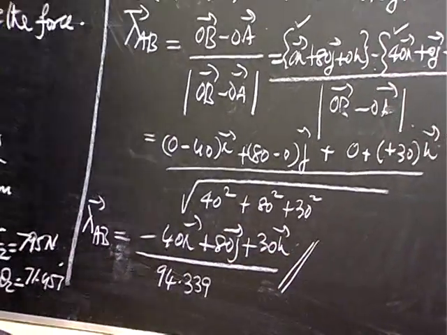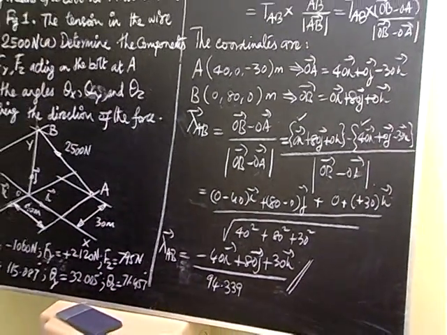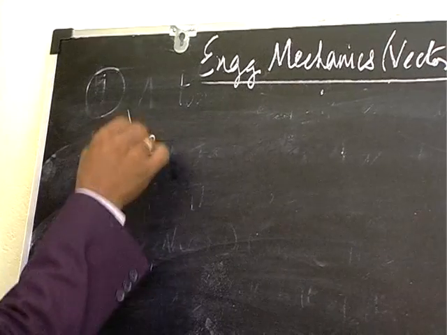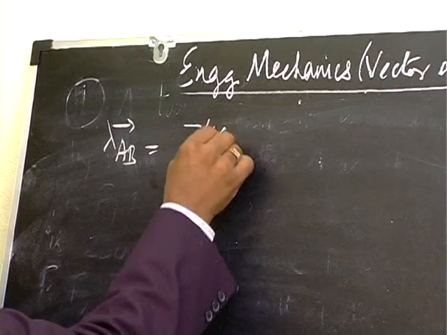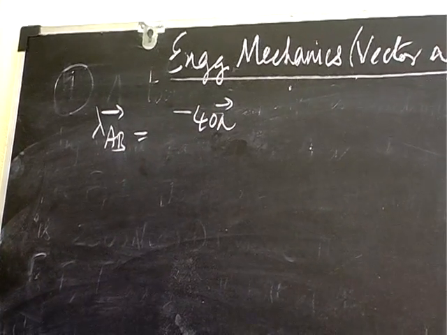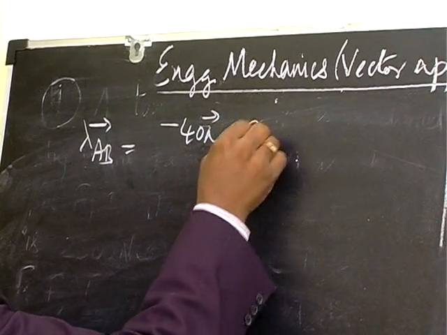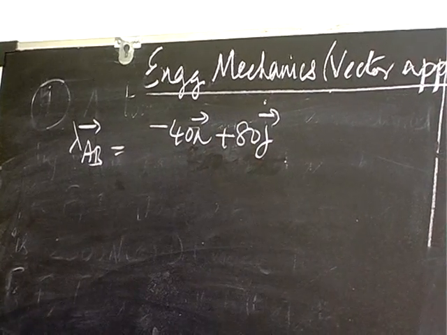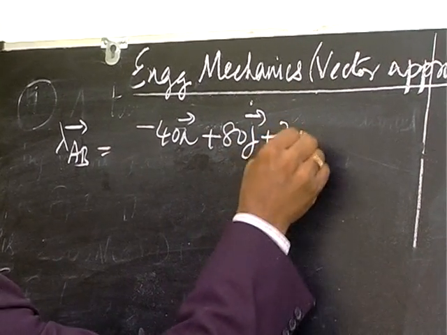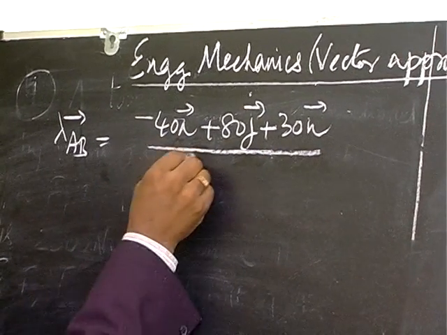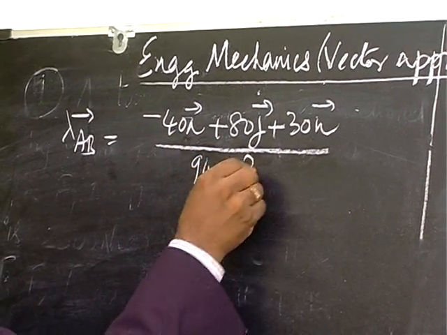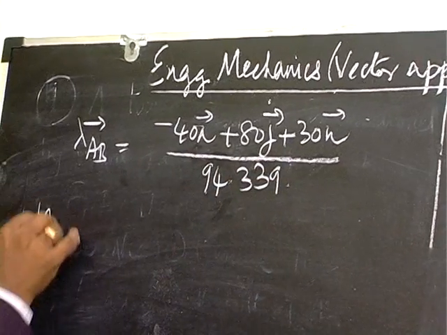So here is the unit vector lambda AB, which is nothing but minus 40i plus 80j plus 30k divided by 94.339.